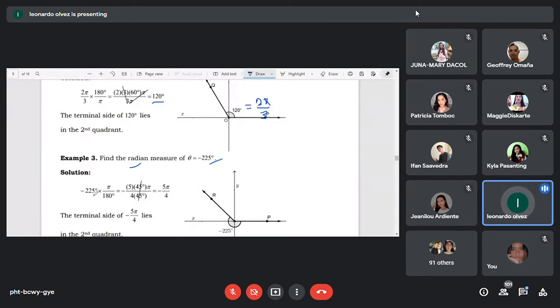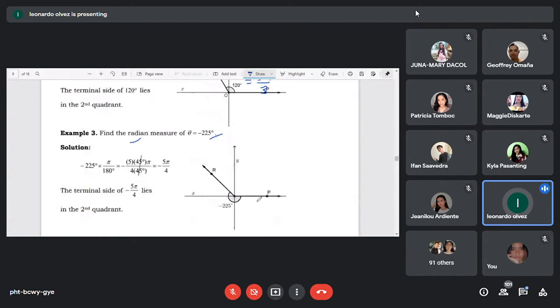To do that, we multiply the given by pi over 180 degrees. Multiplying and reducing, what remains is negative 5 pi over 4, whose terminal side lies in the second quadrant.